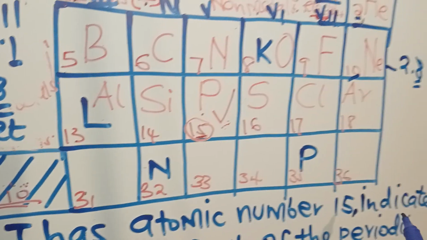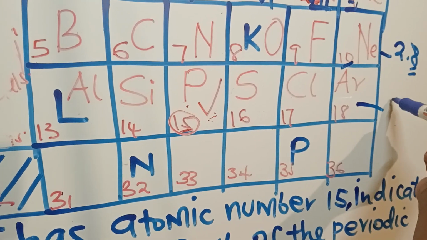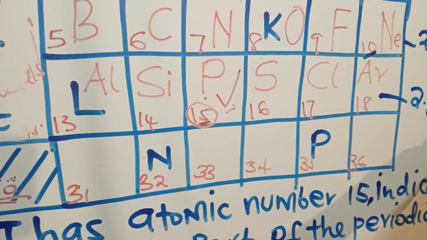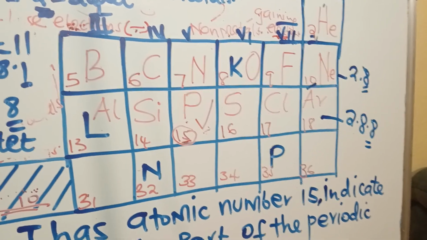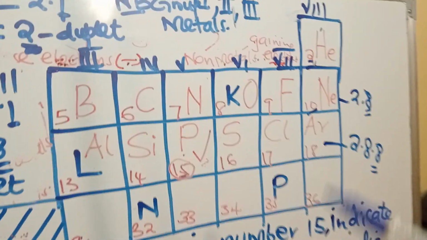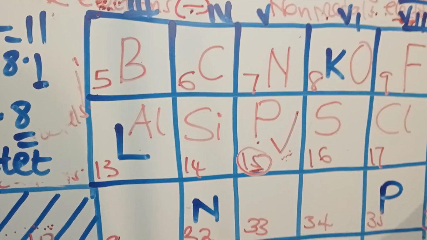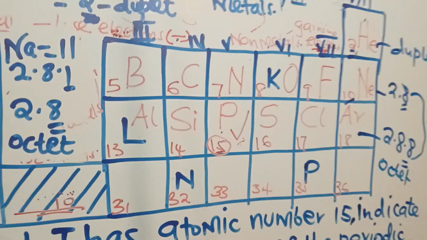So it has the octet. If you check on argon, when you write the electron configuration, it will be 2.8.8. Again, the outermost energy level is already full with 8. So helium usually has a duplet configuration, and these usually have an octet configuration.